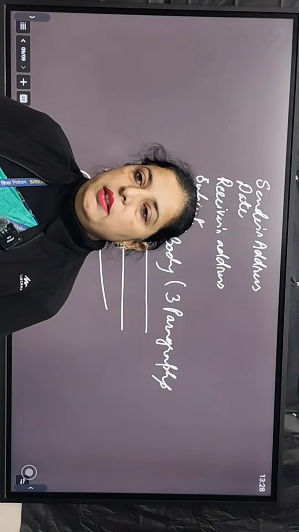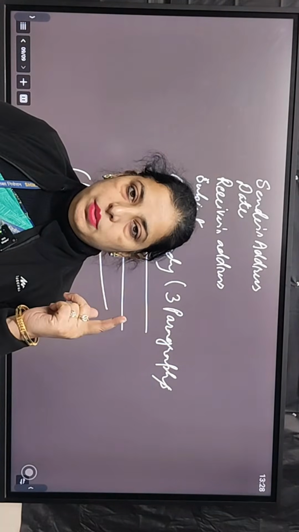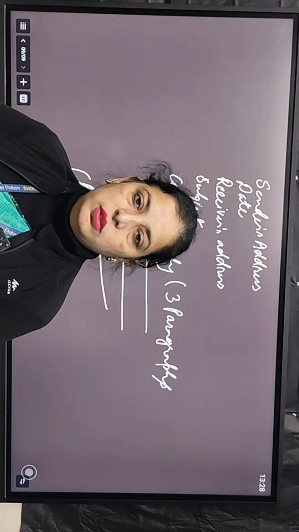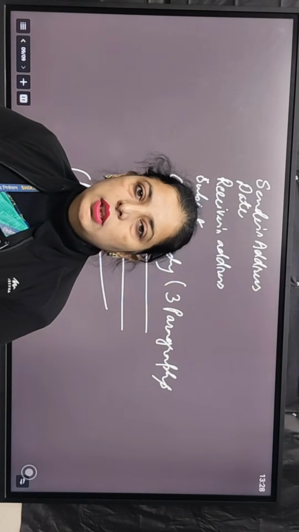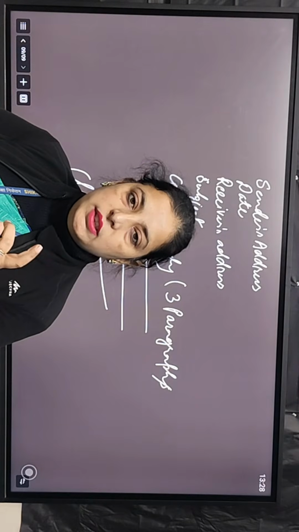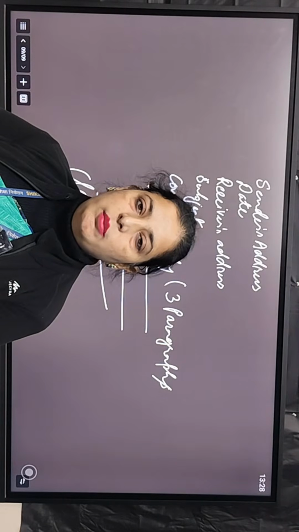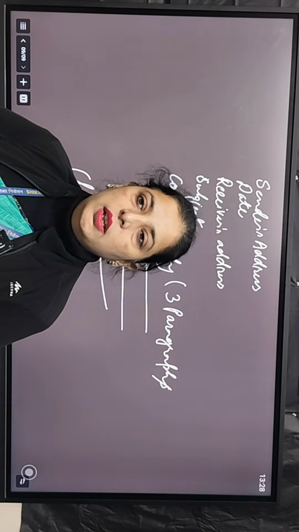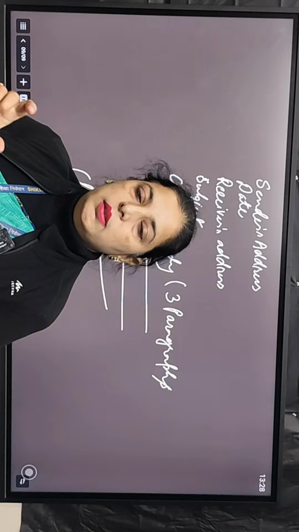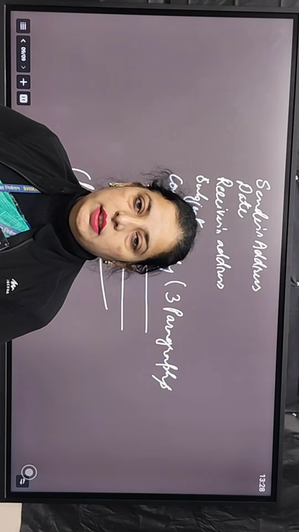You have to write proper format for this. Sender's address on the top, that is given in the question paper. If it is not there, you can write examination hall also. Then write down the date, then receiver's address in proper format with good handwriting, and then the subject. Then go for your content or body of the letter. You must write it in 3 paragraphs and then closing.